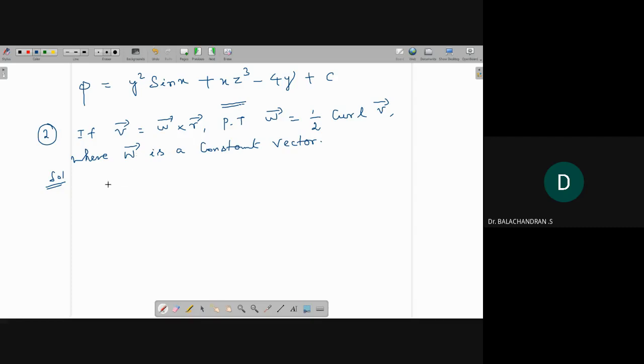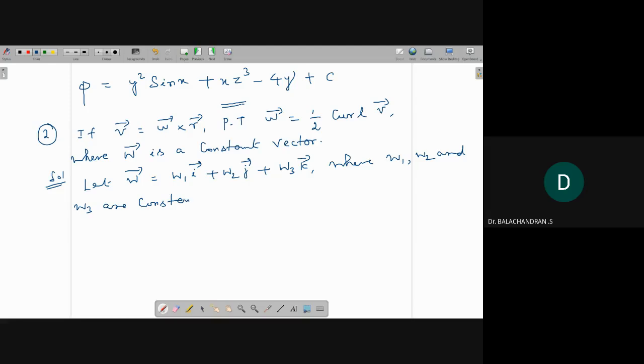Before proving the result, first let us take what is w vector. It is given in the question that it is a constant vector. So w1 into i vector plus w2 into j vector plus w3 into k vector, where w1, w2 and w3 are constants.